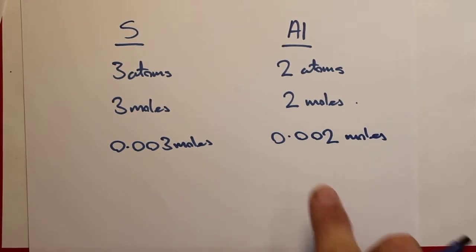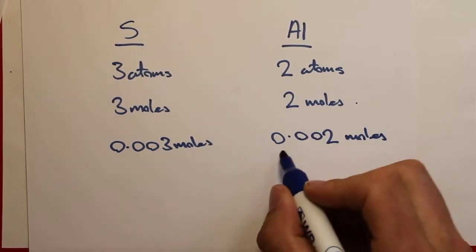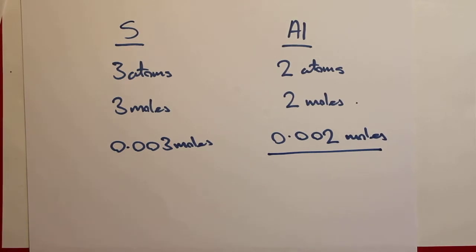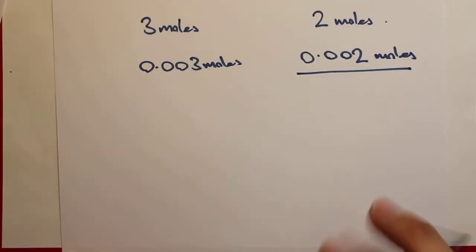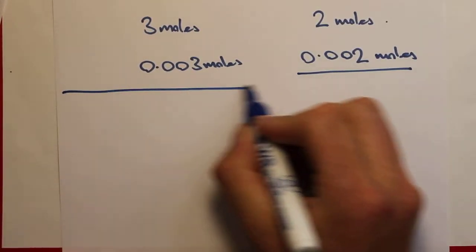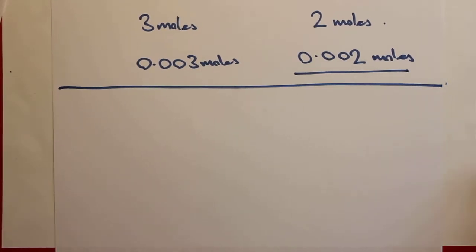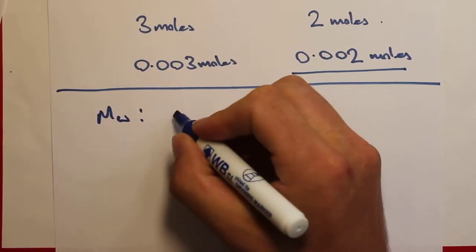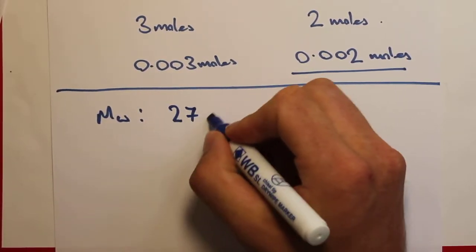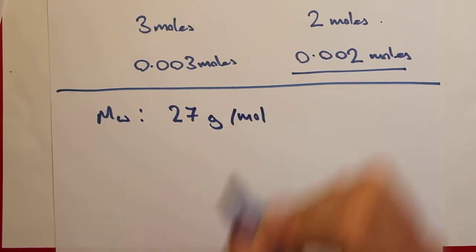So now what we have is the number of moles of aluminium, but the question asks us what mass of aluminium. So we have to convert from moles to grams, and to do that we need to go to our periodic table and find the relative atomic mass of aluminium, and that is 27 grams per mole.